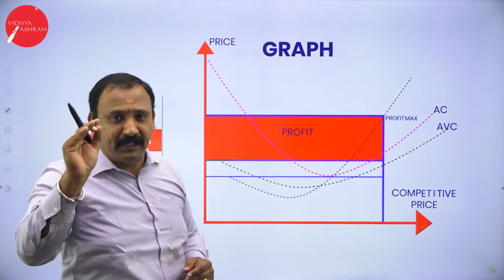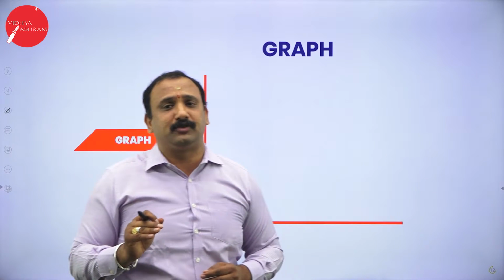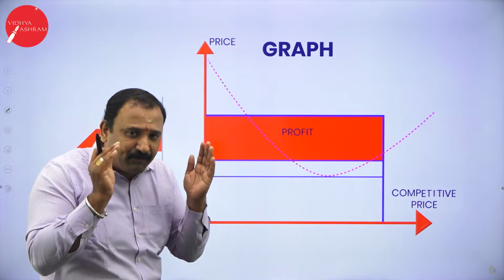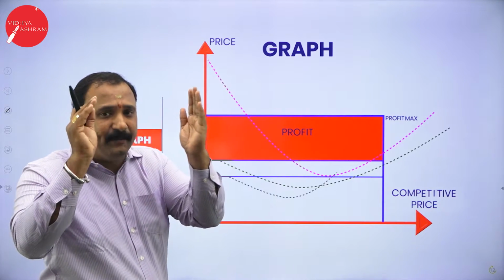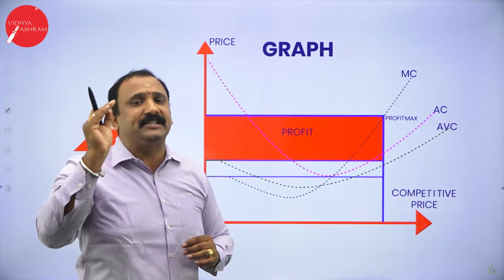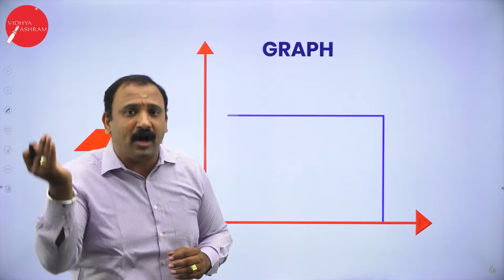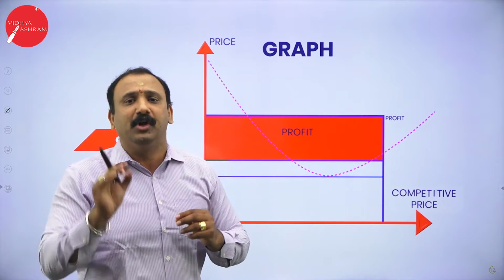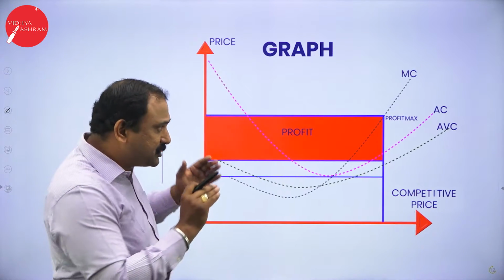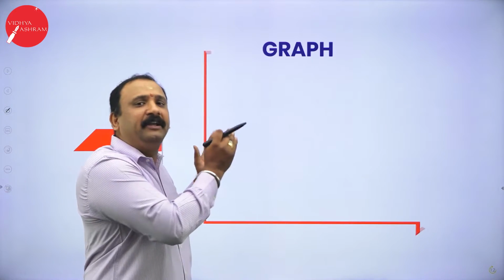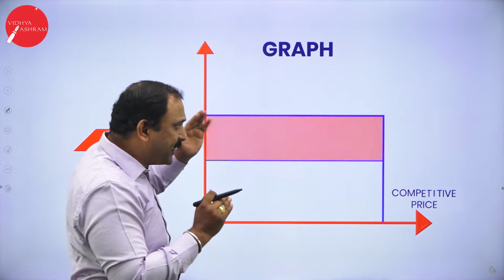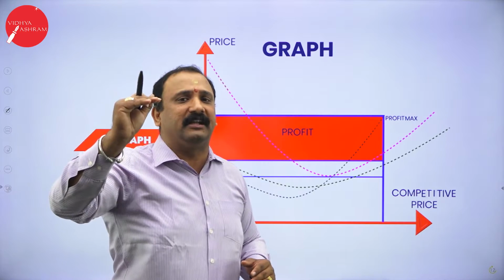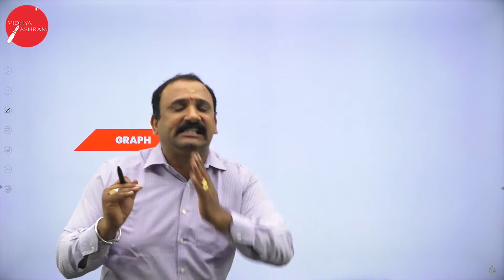Now this profit is very, very important in economics. Why? Because apart from the graph, if you just have to understand it from a layman's standpoint, you should always keep in mind that all the cost factors included plus a margin above it will lead you to profit. So that is what we try to depict here graphically. We are trying to say that, keeping all the cost at a particular level, the price should exceed that cost.